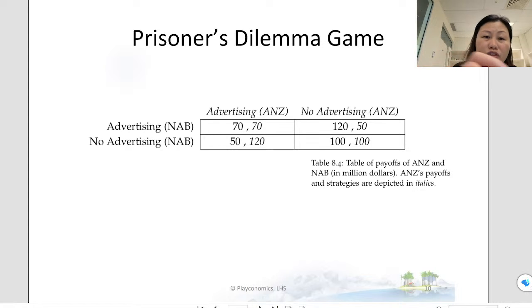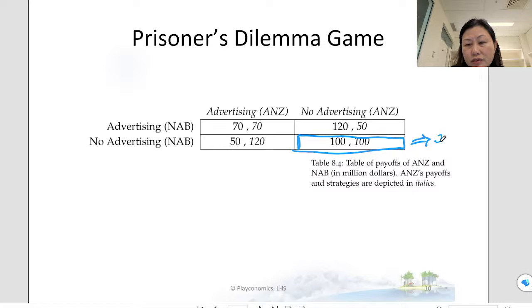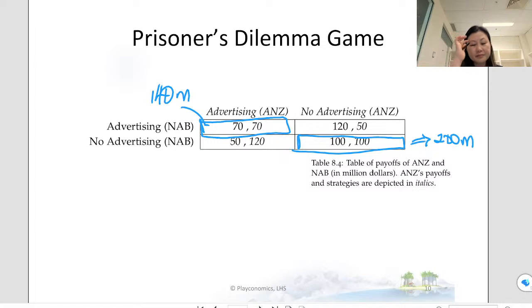So if they both do not advertise, they both get 100 million. 100 plus 100 is 200 million. If they both advertise, they will only get 140 million.